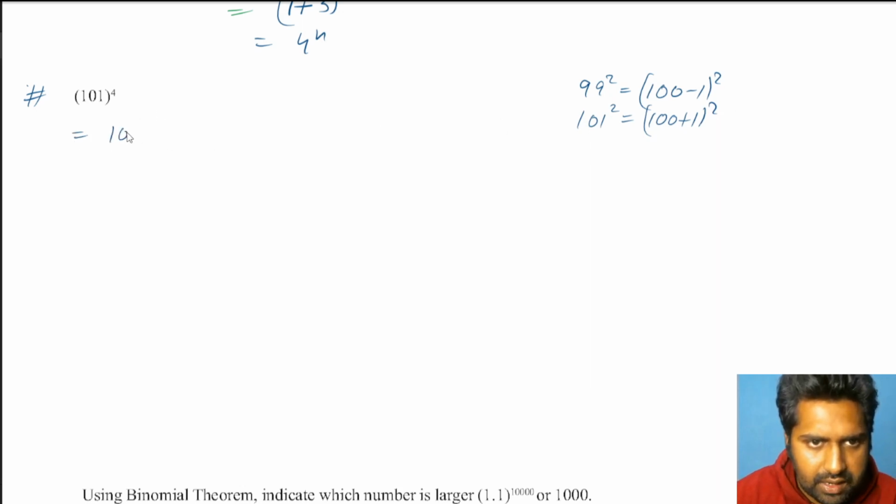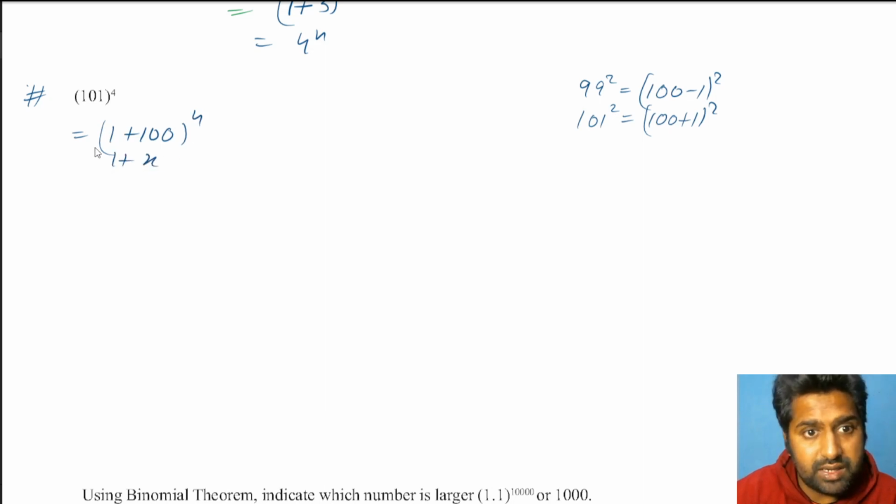I'll rewrite this, not as 100 plus 1, I'll write it as 1 plus 100. Why? Of course you know why. Because it will look like 1 plus x raised to power n, and that is very simple to solve. So 1 plus 100 raised to power n.